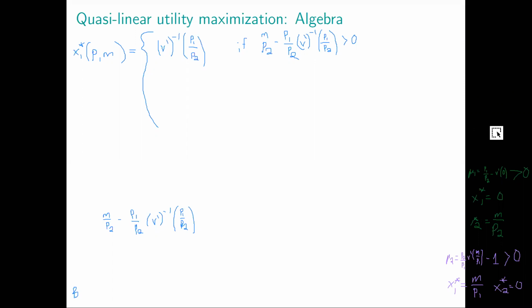Right, so if this is greater than 0, then we know it's this case, and that's good. We can also document the optimal x2 for this.